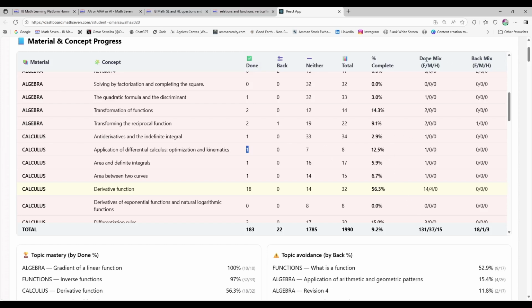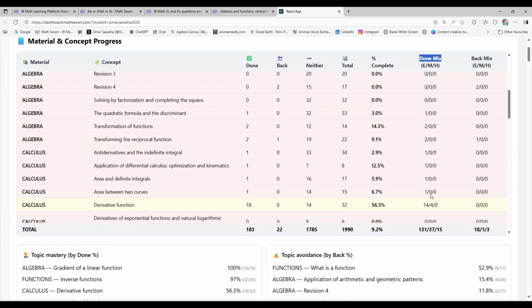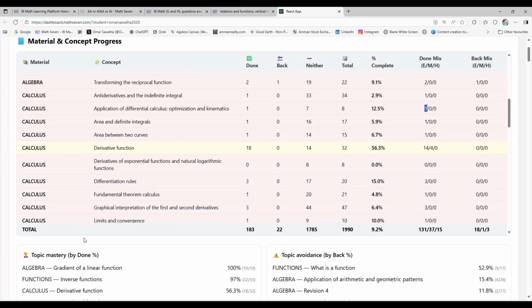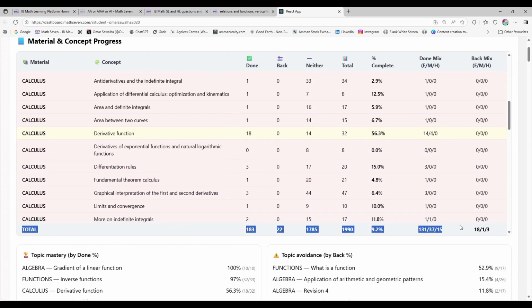And also, if you take a look at the ones that are done, he has done one of them that is marked as easy, not medium or hard. So he did the easy part. And the ones that he marked "I'll be back," he didn't do anything, so you will have no numbers here. And as you can see, this is the total.